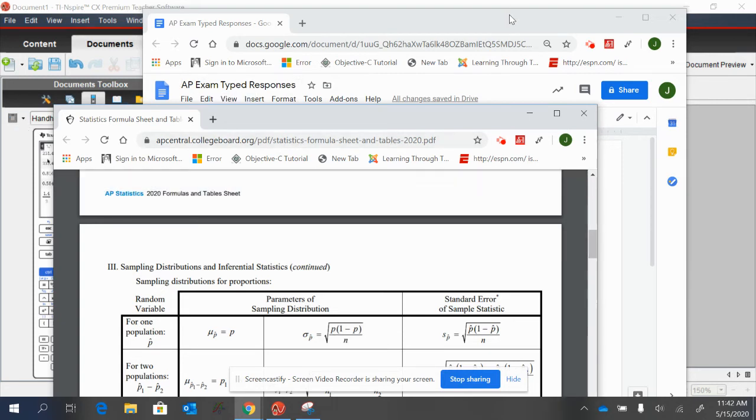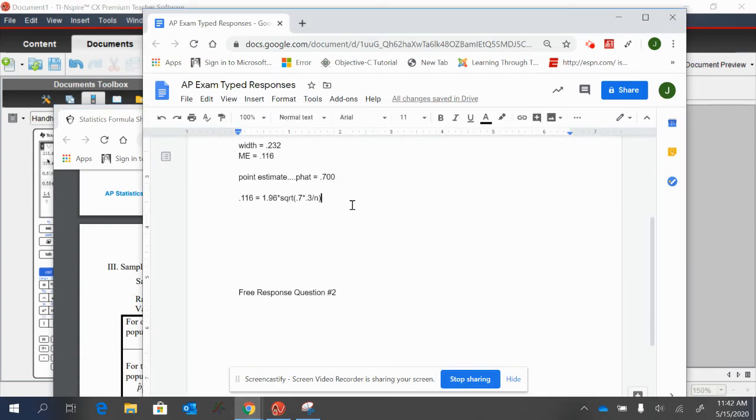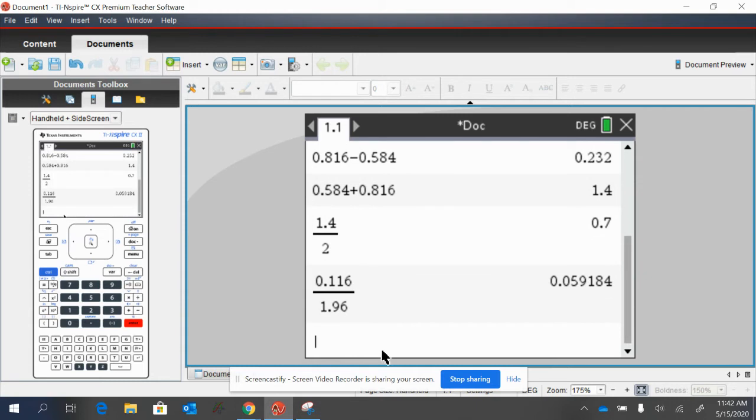So how are we going to solve? We're going to square both sides to get rid of the square root. First, actually divide by 1.96. So 0.116 divided by 1.96 is 0.0592 basically.